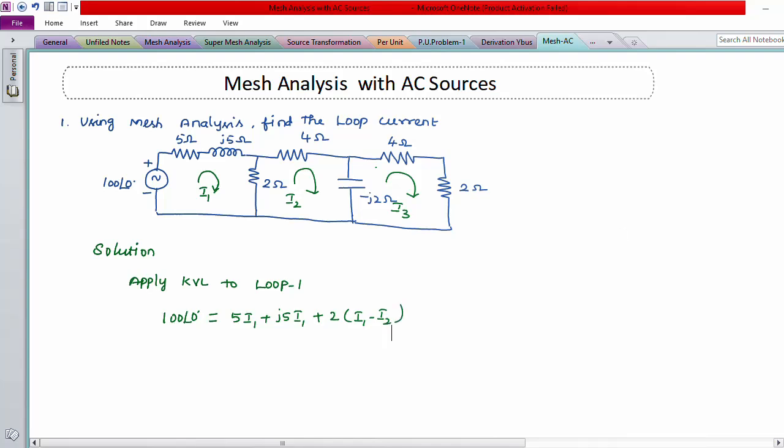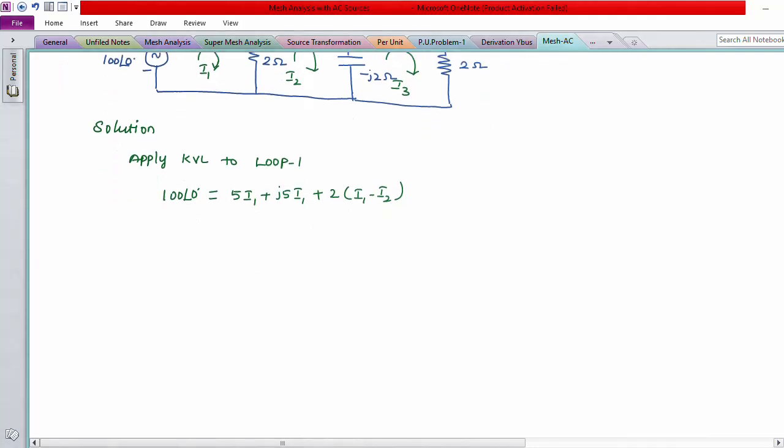Now simplify this equation, that is 5I1 plus J5I1 plus 2I1 minus 2I2. So we can simplify that: (7 plus J5) I1 by taking I1 common, minus 2I2.